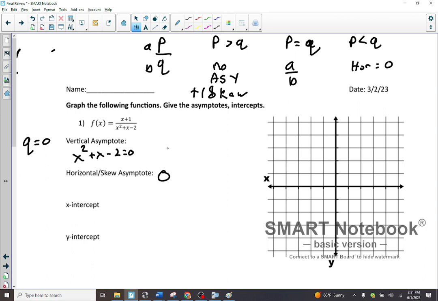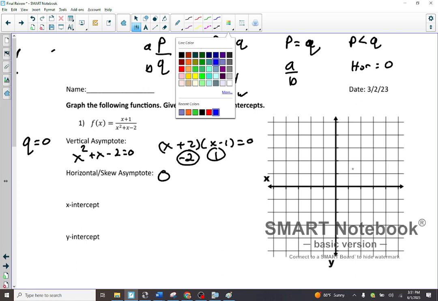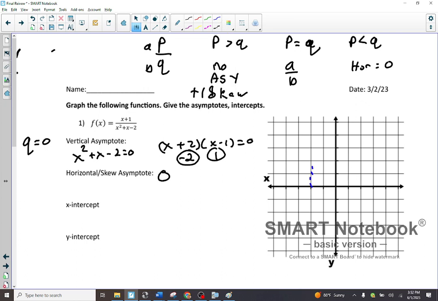That factors to x plus 2, x minus 1. So x is 1 or negative 2. You have a vertical asymptote at 1 and negative 2. So two to the left, you have a vertical asymptote here, and 1, vertical here. And I should do the horizontal one over here.